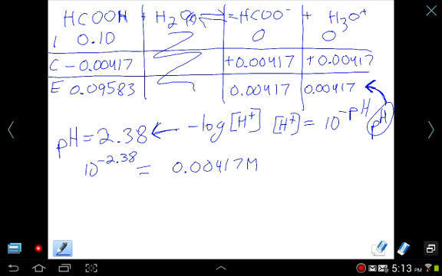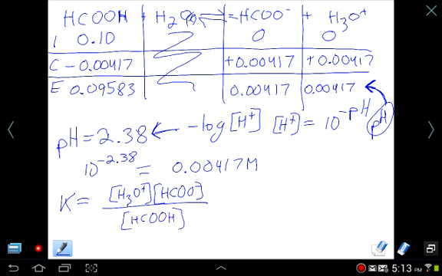And now, in order to get the K, recall K is products over reactants. In this case, the K would be your H3O+ concentration times your HCOO minus concentration divided by your original HCOOH concentration. So plugging the values in, we get 0.00417. This number gets squared, again because of these values.